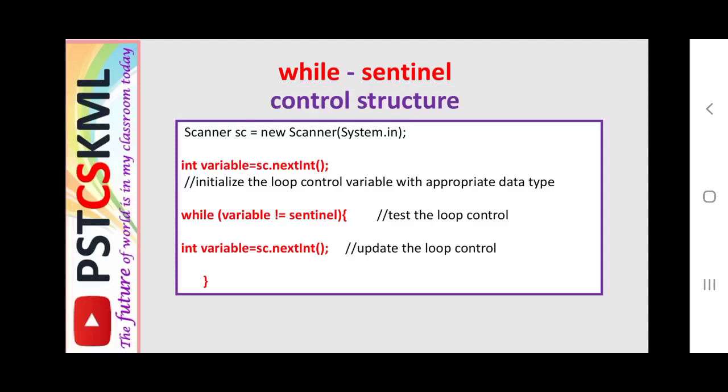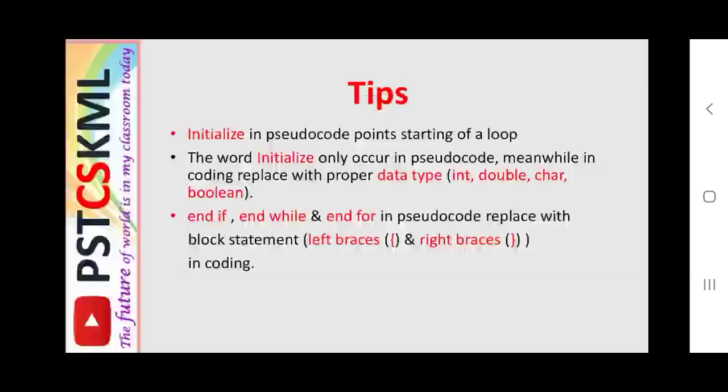This one is for while. Okay, for the for loop you cannot use sentinel, because sentinel happens in a different way. For happens in a single line. So for the for control structure, you cannot use sentinel. If you want to use sentinel, you have to use the while control structure.